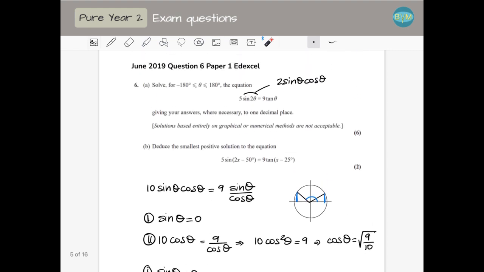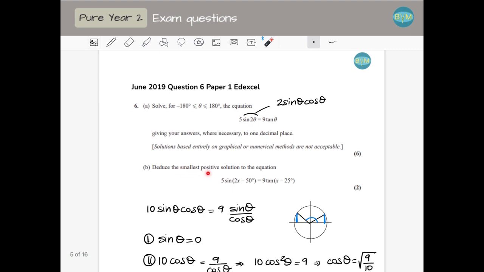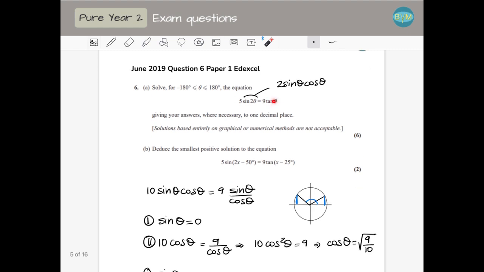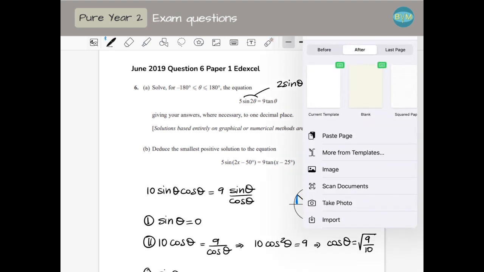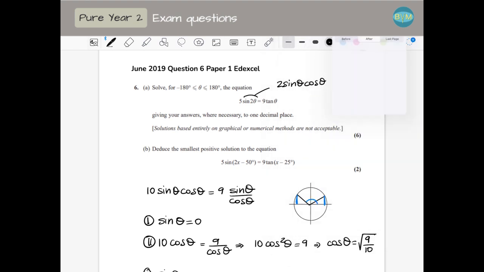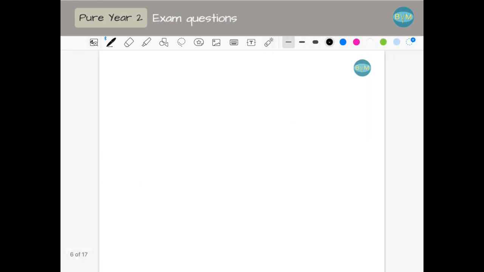Then for B, it says deduce the smallest positive solution to this equation. You compare this equation with this one, and theta is going to be x minus 25, which means that to find x, I just need to add 25 to my thetas.